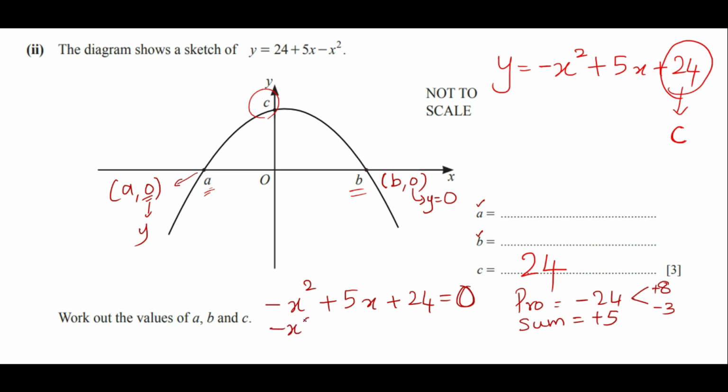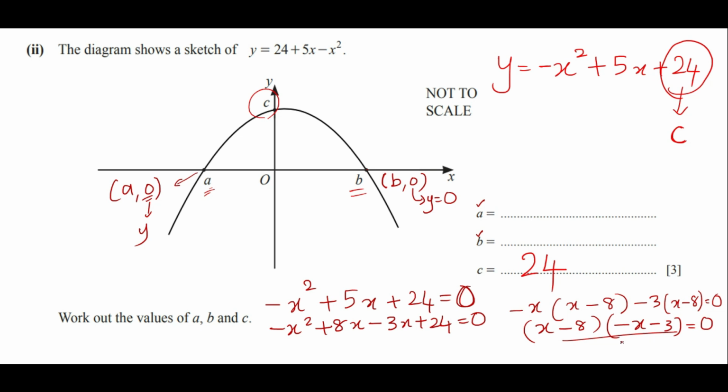So minus x squared plus 8x minus 3x plus 24 is equal to 0. Now you have the factorized form, from which you can see x minus 8 is equal to 0, or minus x minus 3 equals 0.